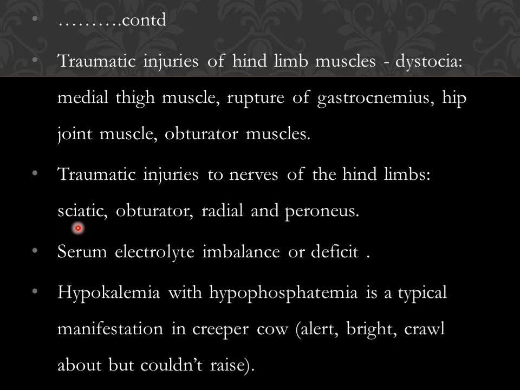The nerves are the sciatic, obturator nerve, radial, and peroneal nerves. These nerves may get traumatic injury, maybe due to dystocia, and due to this there may be paralysis of the hind limb, the animal is unable to get up, and it results in DCS.